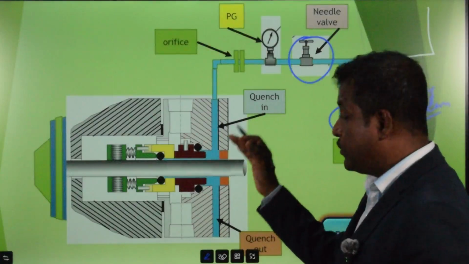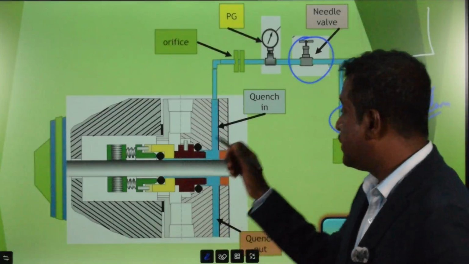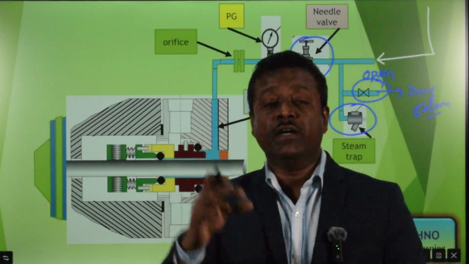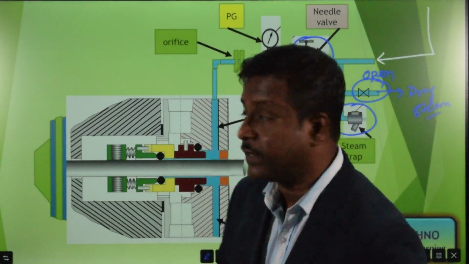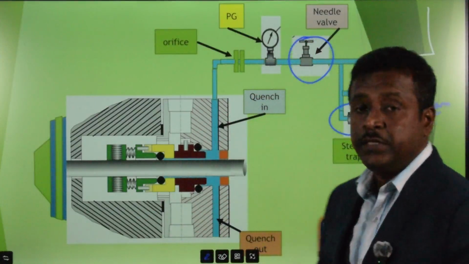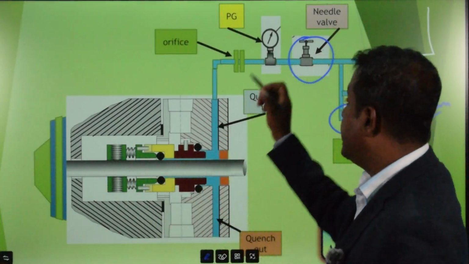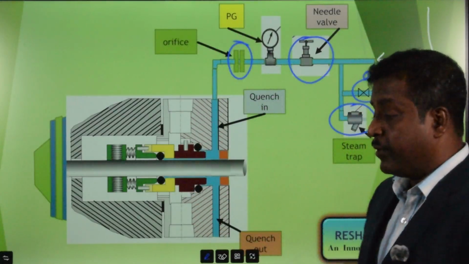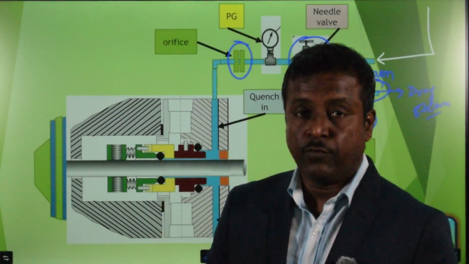Because we want fine regulation of that flow. That's why the needle valve is provided to regulate the pressure, because pressure is very crucial for this 62 plan. Then we provide a PG to monitor the exact pressure of that flushing liquid. Then we provide an orifice. Why is the orifice provided? Because we want to restrict or regulate the pressure as well as flow.